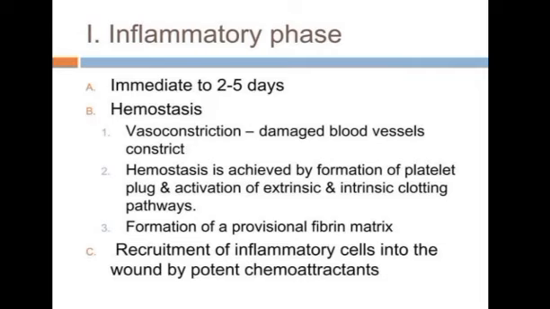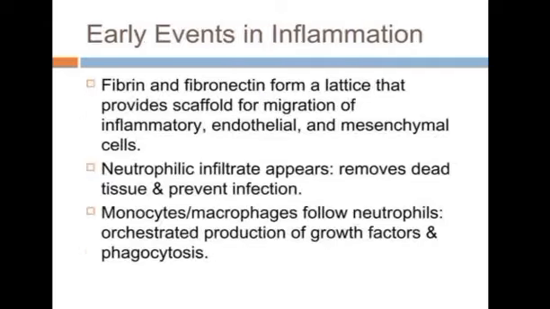Then a provisional fibrin thread will be formed. Inflammatory cells are recruited into the wound by potent chemoattractants. Inflammatory cells also come to that area through the inflammatory mediators released from the injured tissues, and most of the inflammatory cells will reach the injured area.